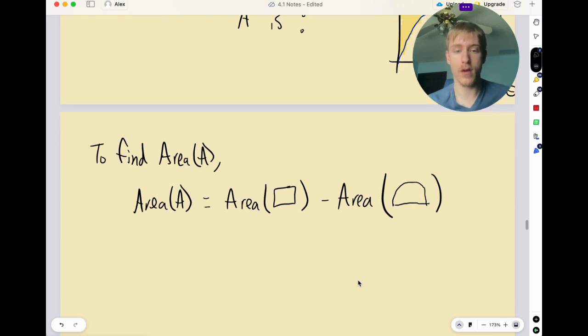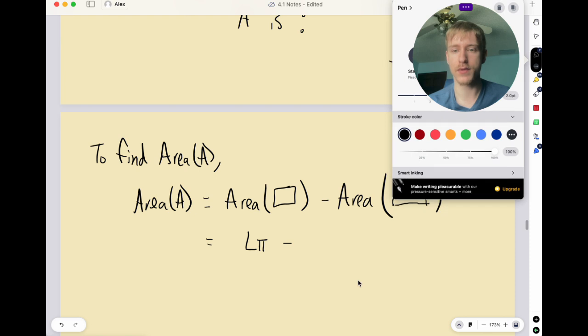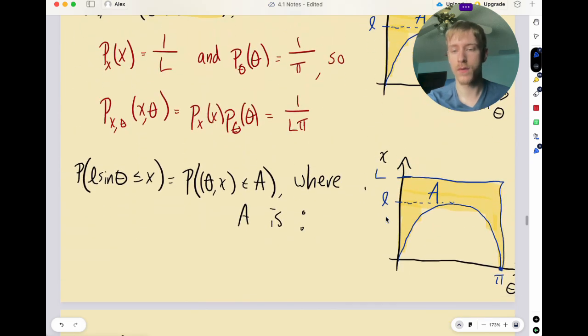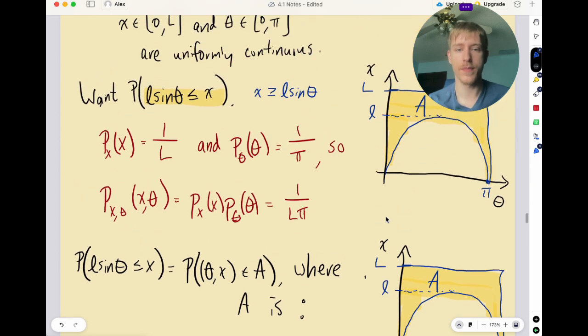Well, the area of the rectangle is just going to be L times pi. And the area of this, well, that's going to be an integral from 0 to pi of, let's see, this function.